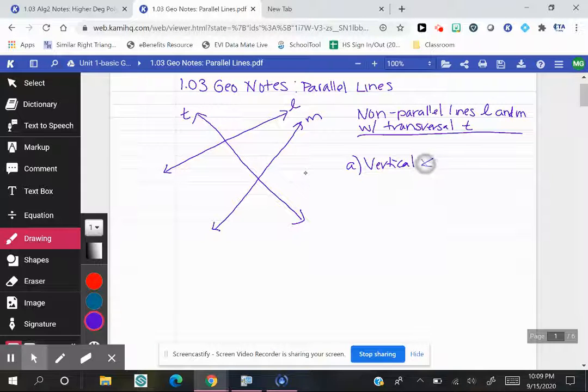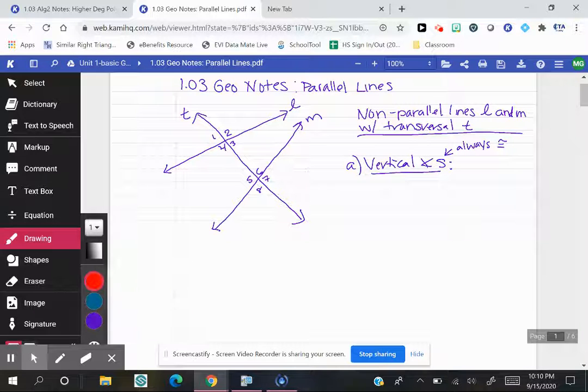Now these are actually always congruent no matter whether the lines are parallel or not, always congruent. So what I'd like to do first is just list out some vertical angles. So I'm going to put some numbers to represent these angles here. 5, 6, 7, 8.